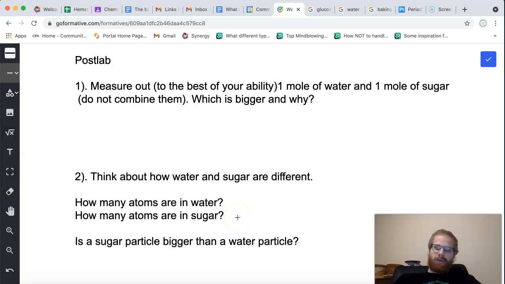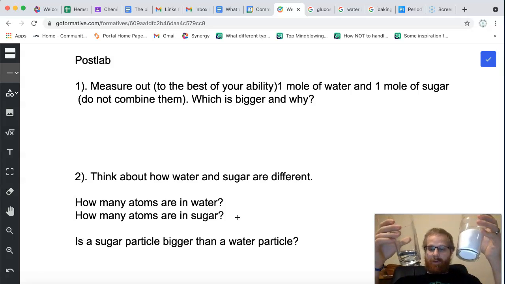How many particles are in a mole? That's right, Avogadro's number, or 6.02 times 10 to the 23rd. So that means we have the exact same number of particles in each of these containers. It's just that sugar molecules are bigger because they have more atoms in them.